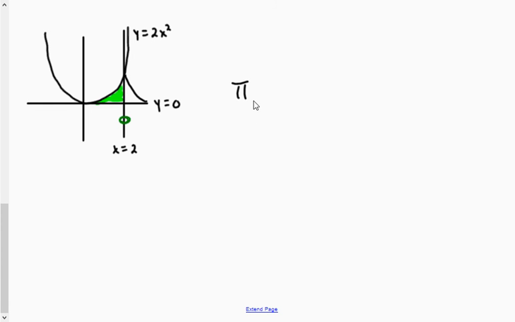So we're going to do pi times. Remember, we found the intersection right here to be the point 2, 8. So in terms of y, this is going from 0 to 8. And then we got to figure out what's the radius of one of these circles. We square it, and we integrate it with respect to y.